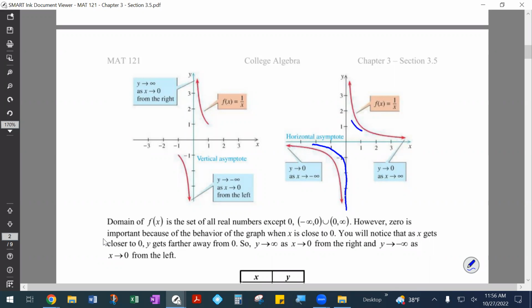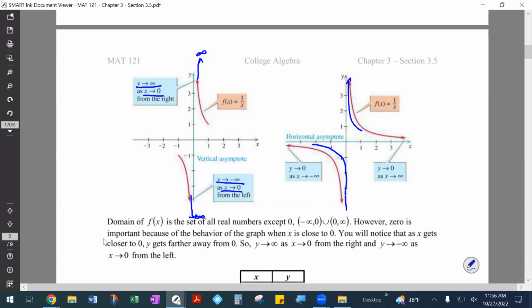That's the same behavior happening over here. They're showing you that as your x value gets closer and closer to 0, your y is heading upwards towards positive infinity. And on the other side, as your x value gets closer and closer to 0, your y value is headed towards negative infinity.